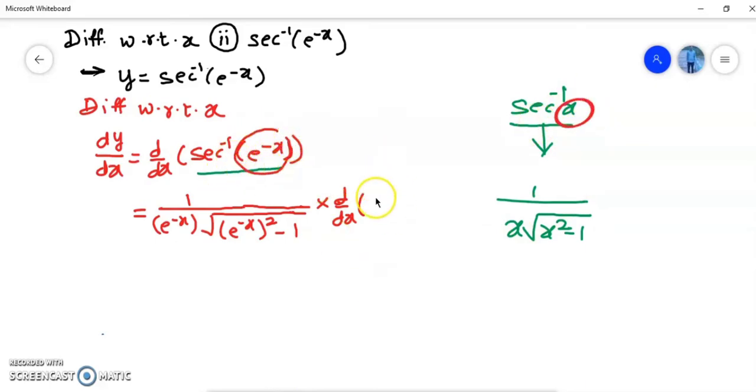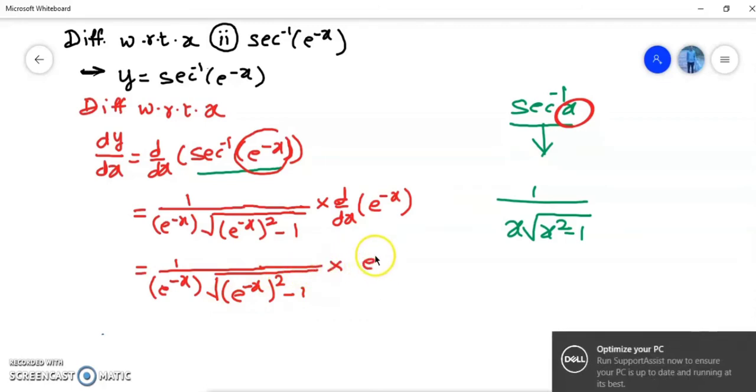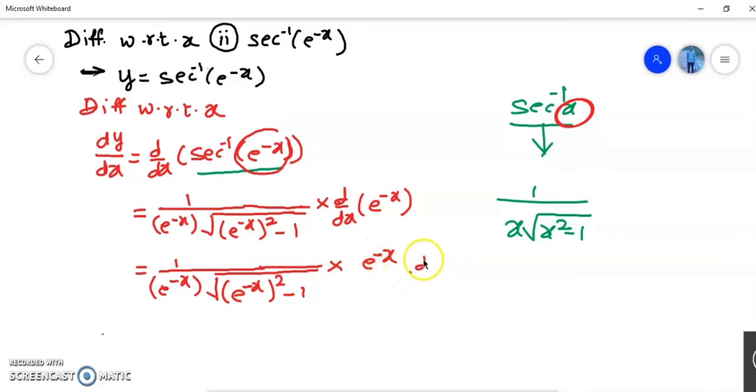So into d by dx of e raised to minus x, which can be written further as 1 upon e raised to minus x as it is, then into root of (e raised to minus x) square minus 1, into this derivative, e raised to minus x as it is into d by dx of minus x.